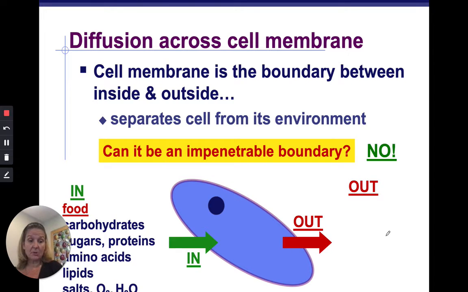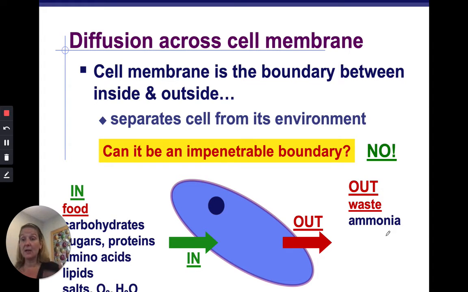What's got to come out? So waste products. When we do cellular respiration, the waste product is carbon dioxide. We also have a waste product of ammonia because we are like a land-based mammal. We excrete our ammonia in the form of urea.